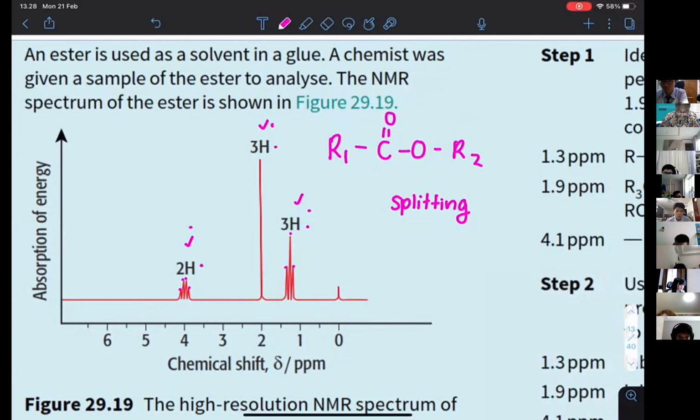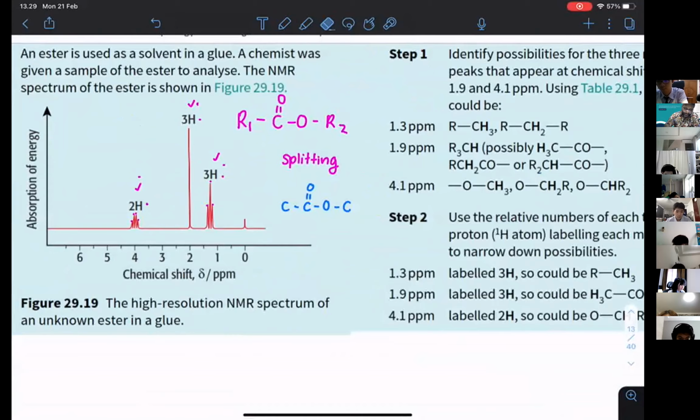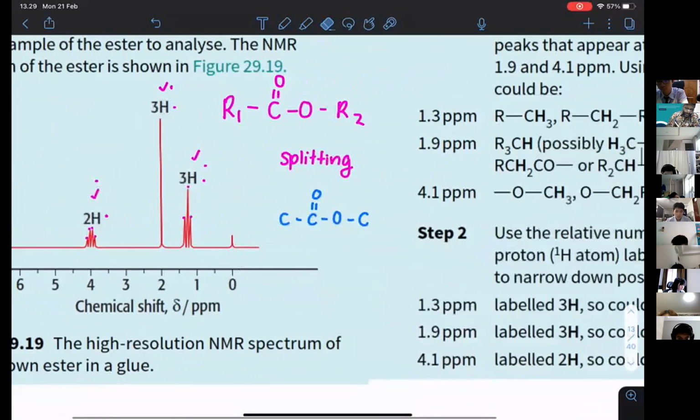So I know that they must have carbon. I have O, then must have carbon, but I do not know whether the carbon continues or not. Is there going to be another carbon or so on? We don't know. But looking at the data, there is one part where they mention 3 hydrogen but there is no splitting. So it means there is no neighbor.